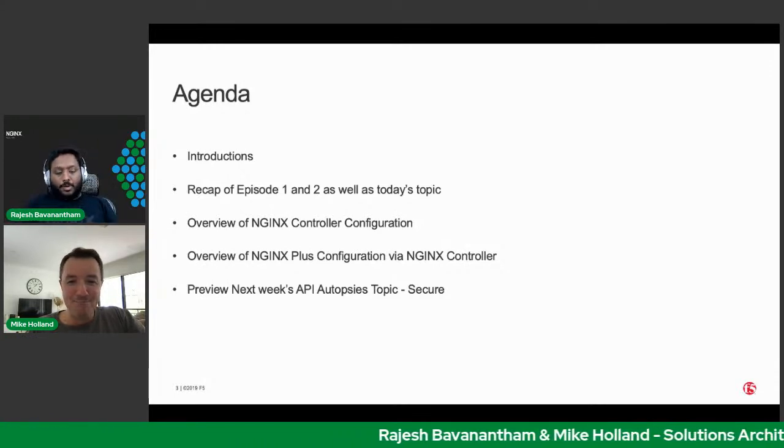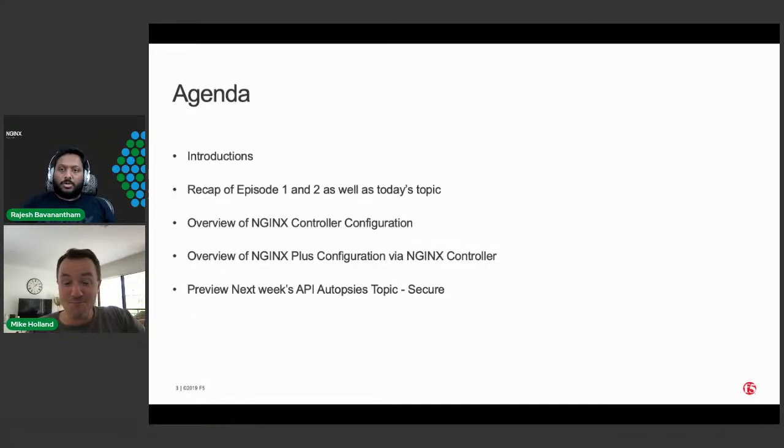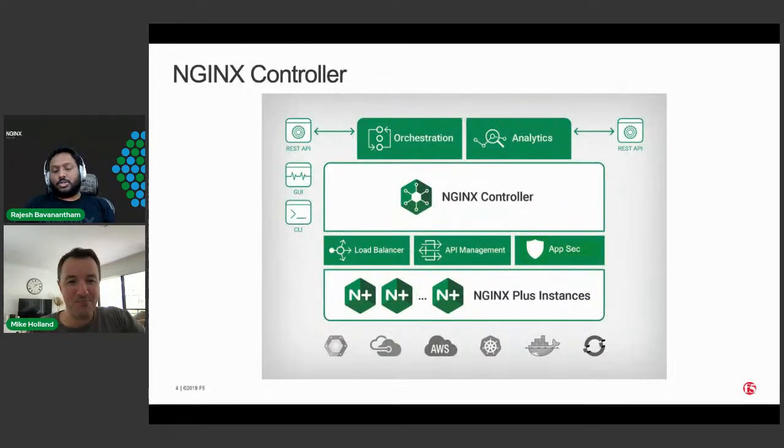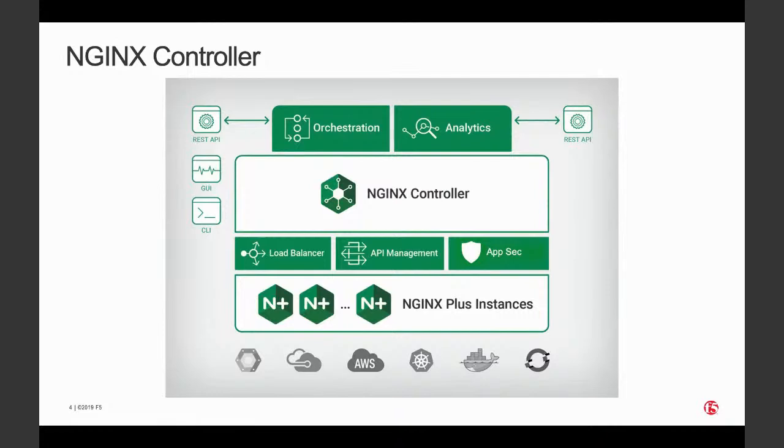Something popped up in my mind from last week. We raved a lot about the controller, and I wanted to bring something to the table. What is the value that the controller brings? The NGINX Controller is about control plane and data plane separation. That's the one thing I kept highlighting from episode 1 and episode 2, and I want to highlight it once again today. That's exactly what I hope Mike is going to do: separate the control plane and the data plane.